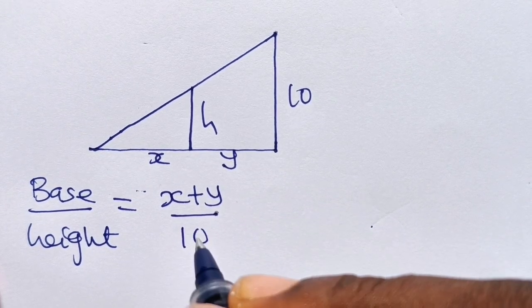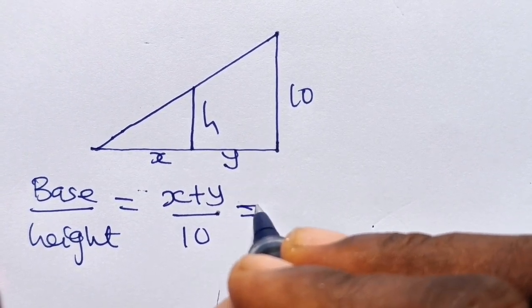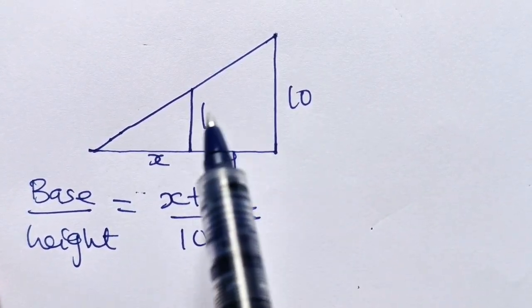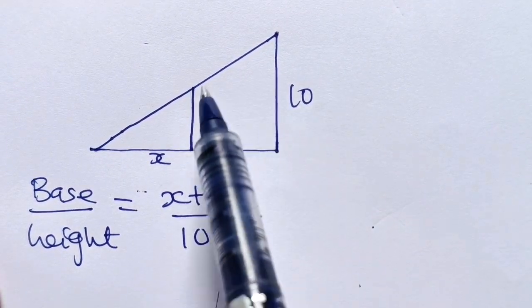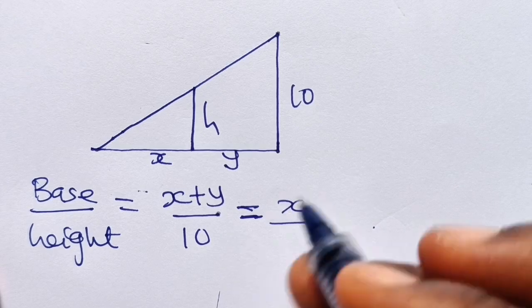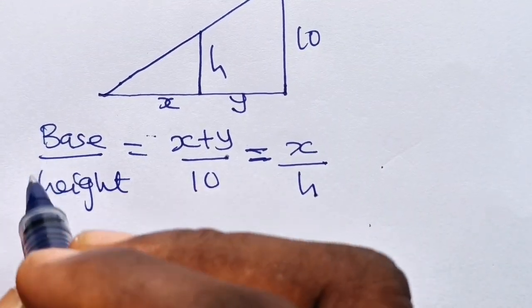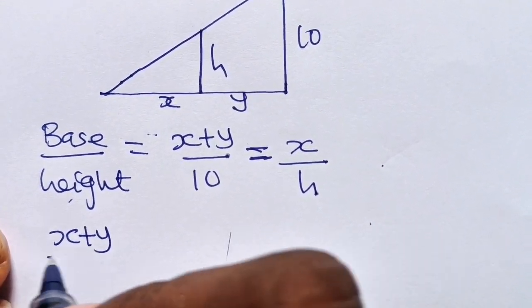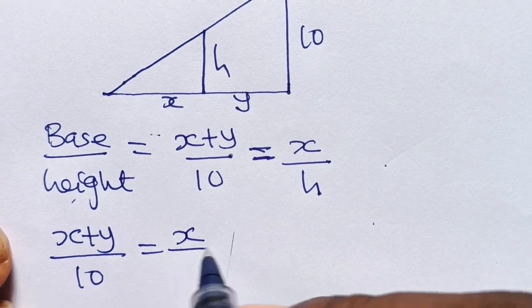And this should be equal to, since these triangles are similar, for the small triangle, the base X and the height H. So we have formed another equation: X plus Y divided by 10 is equal to X over H.